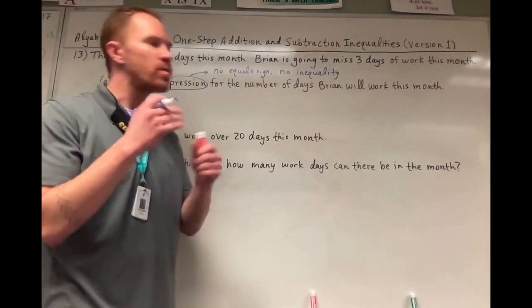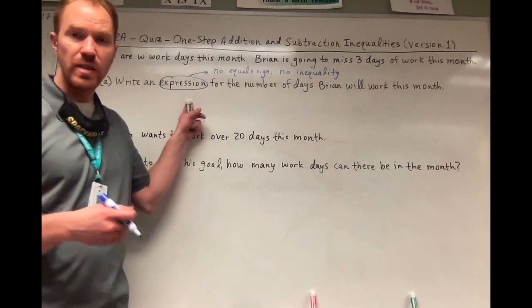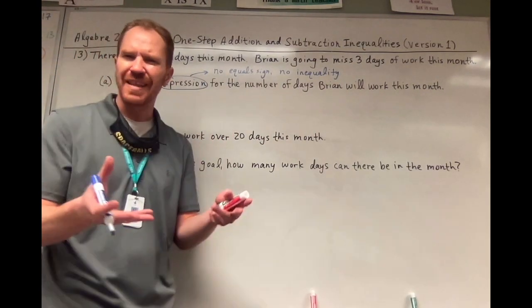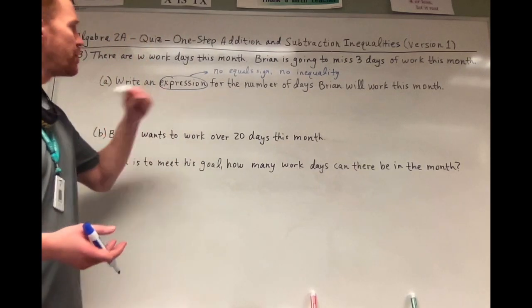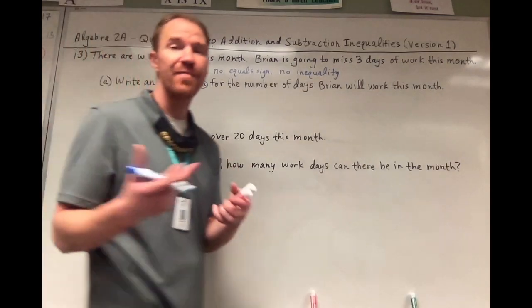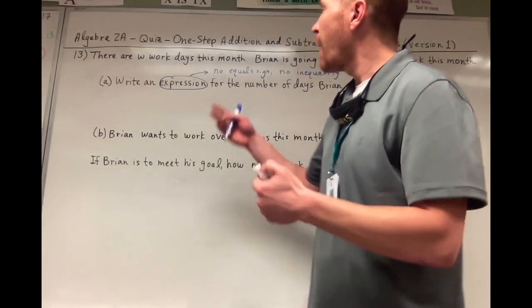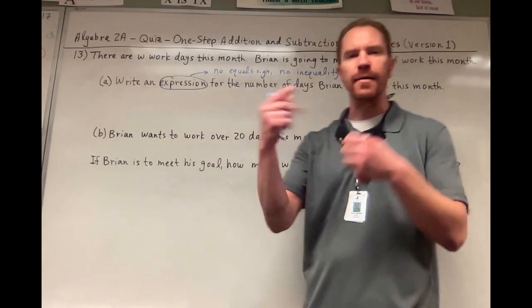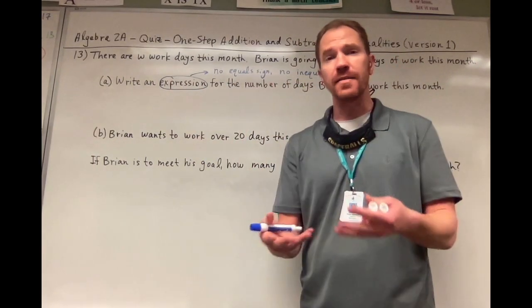We don't need that for the expression. We just need to say we're going to add, subtract, multiply, divide, something like that. And we're going to use W, our variable here, in the expression. So I'm hoping for an Algebra 2 class that you would be able to just read this and go, oh yeah, I got the expression. But I understand that sometimes it's difficult.